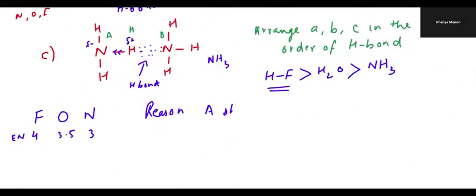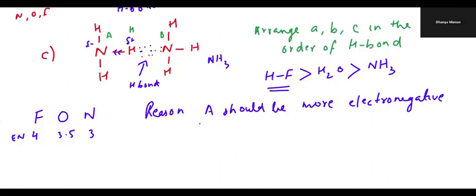So A should be more electronegative to form a strong hydrogen bond, and vice versa. This is the reason.